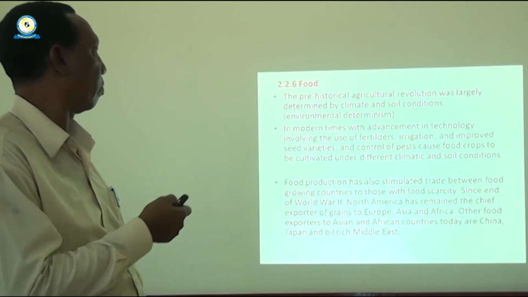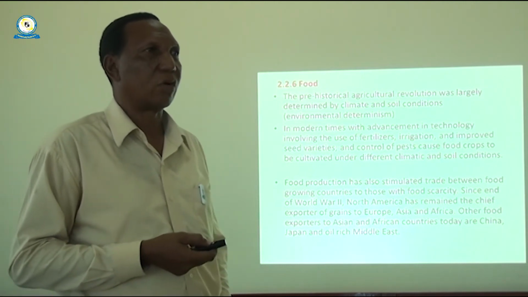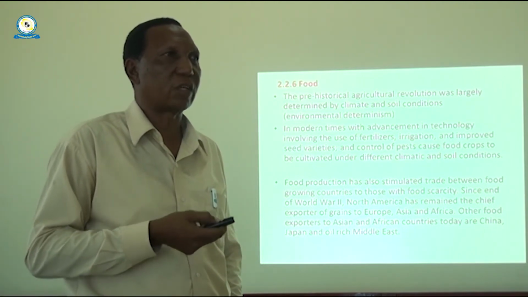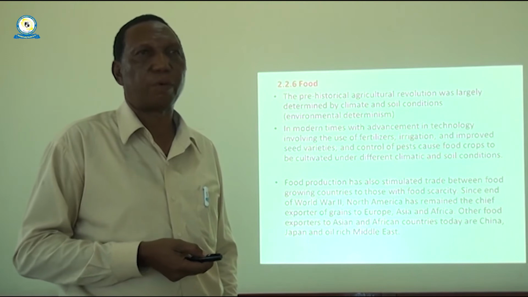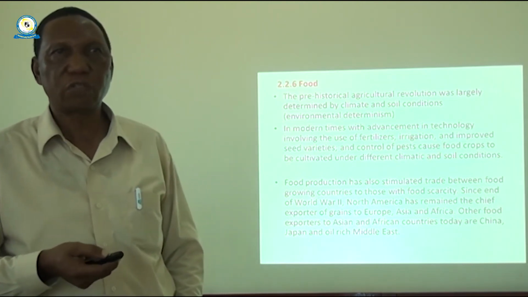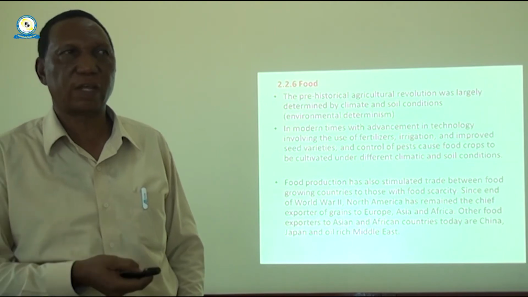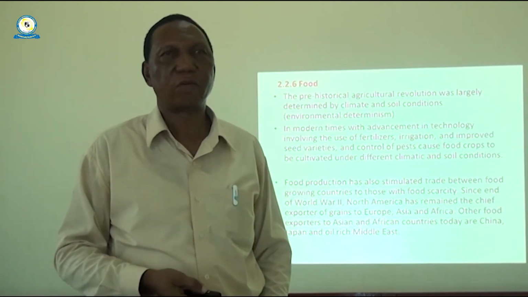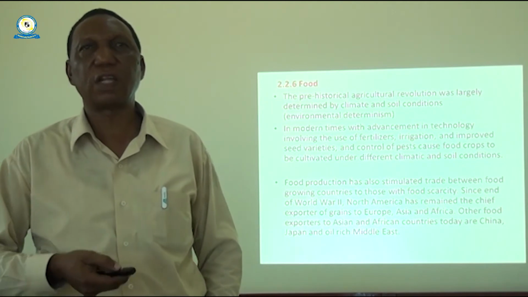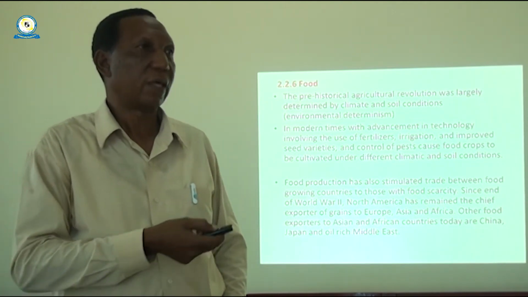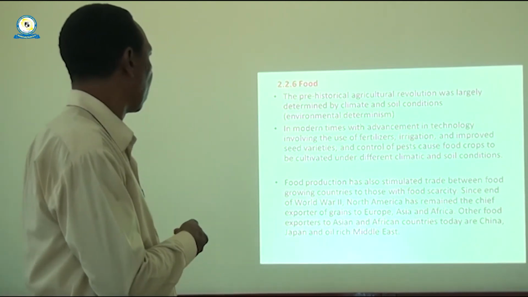That's why we call it environmental determinism. By that time, with limited science and technology, people could use a piece of land when it was fertile, but when it became infertile, they shifted to another, practicing shifting cultivation. The land was vast. So that was during that time.